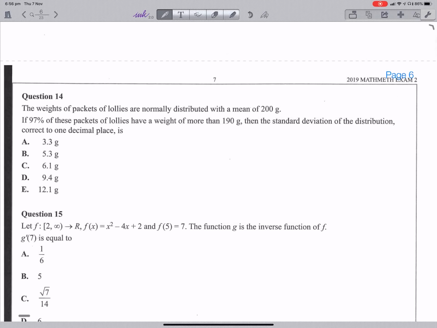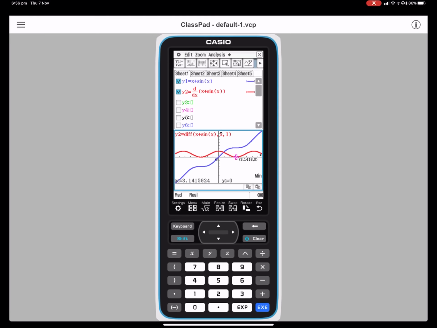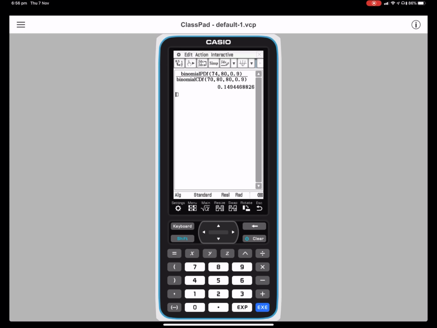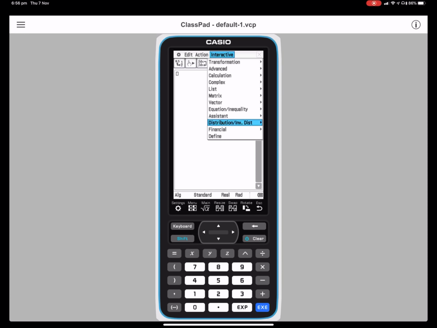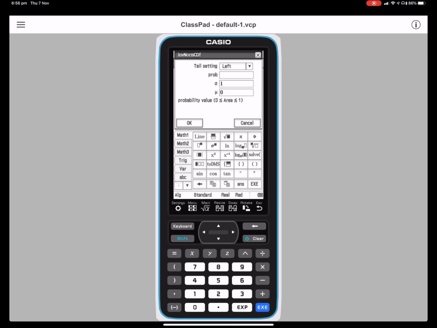The weights of lollies are normally distributed with a mean of 200. If 97% of lollies weigh more than 190, 0.97, the standard deviation of the distribution correct to one decimal place is... Okay, so inverse norm of 0.03.